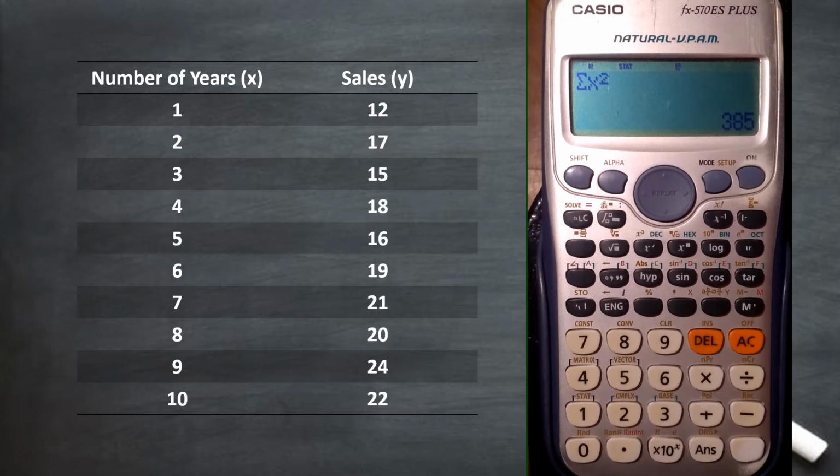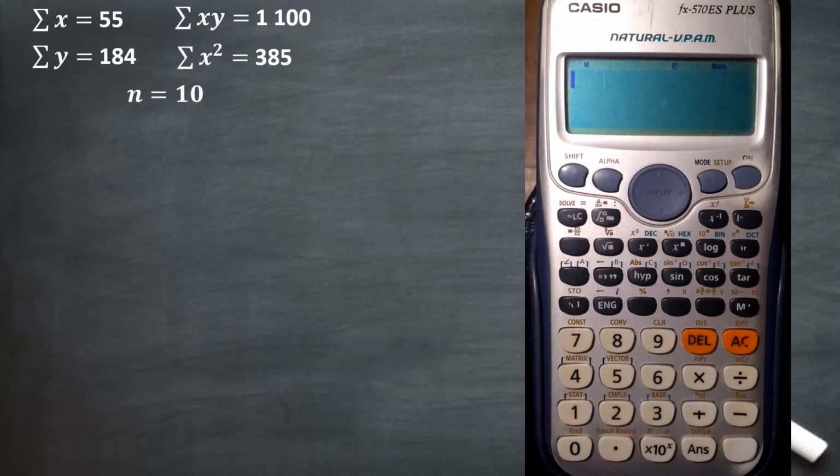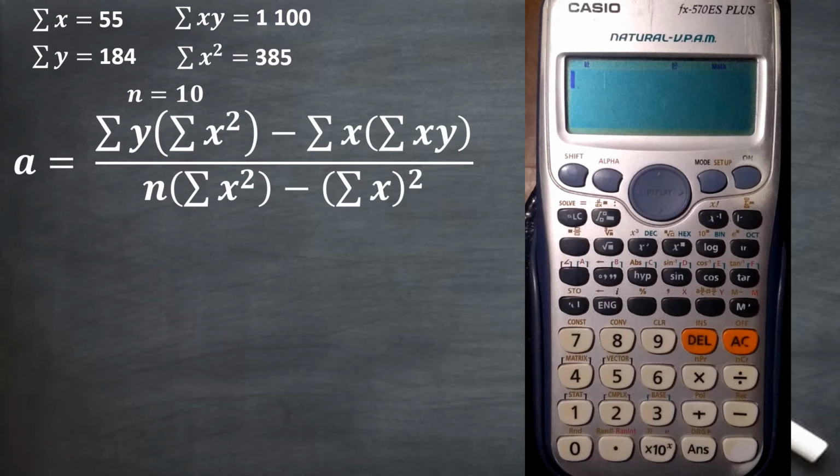That's it. We have identified the values for the summation and n. We can now solve for the intercept and the slope. Here's the formula for A or the intercept. So all you have to do is substitute the values for each summation.